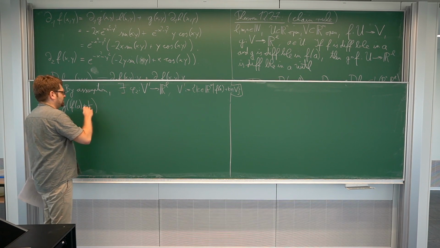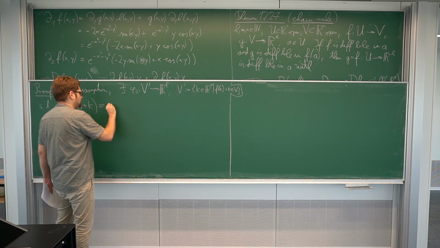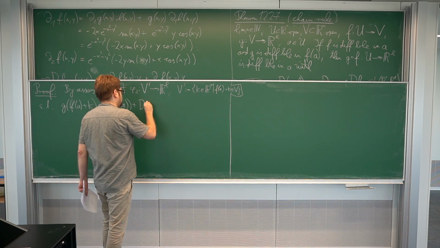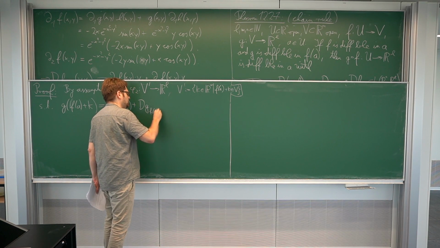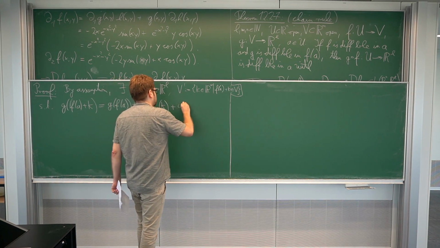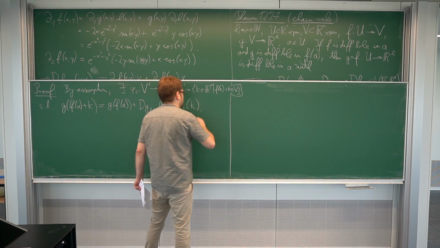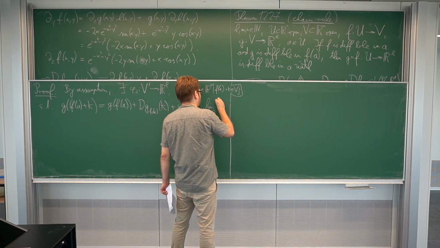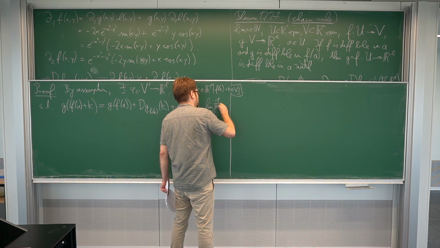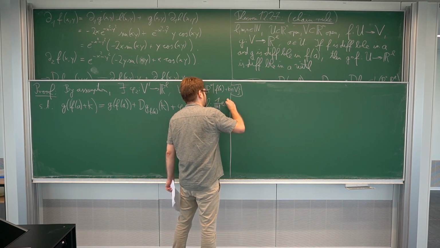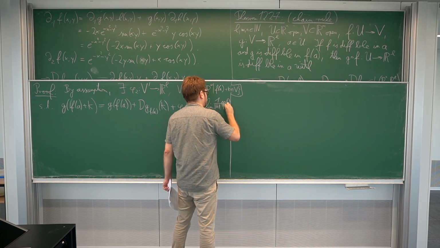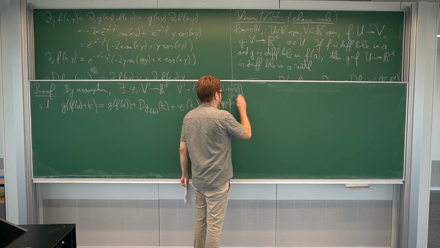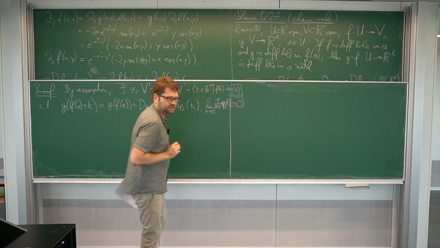So G of F of A plus K is, just by differentiability, the same as G of F of A plus dg in the point F of A of K plus phi 2 of K. And we know that the limit as K goes to 0 of 1 over the norm of K times phi 2 of K equals 0.